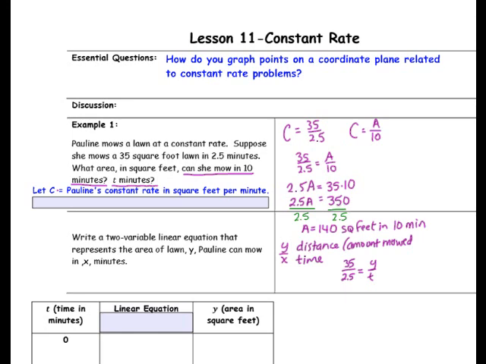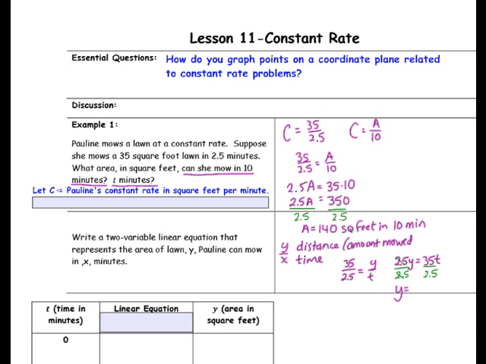Then rewrite that proportion as a linear equation in two variables. That gives us 2.5y is equal to 35t. Now we want to solve for y, so we divide by the coefficient 2.5. That gives us our linear equation in two variables. 35 divided by 2.5.